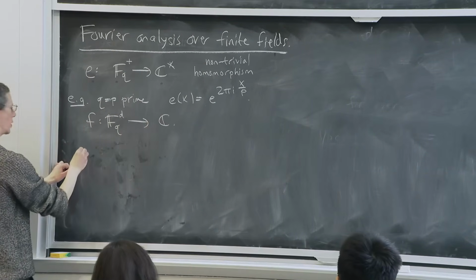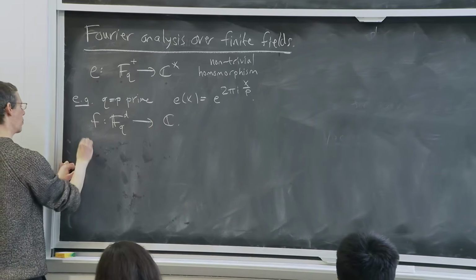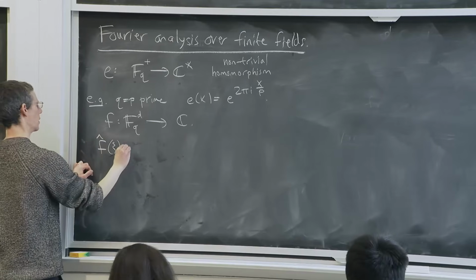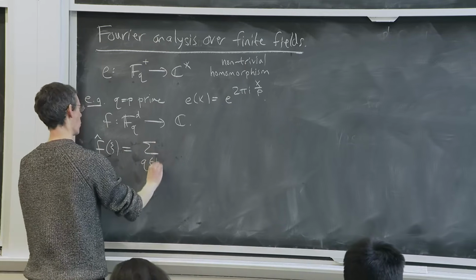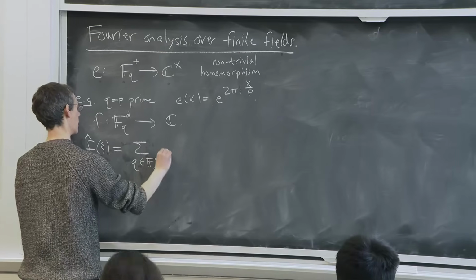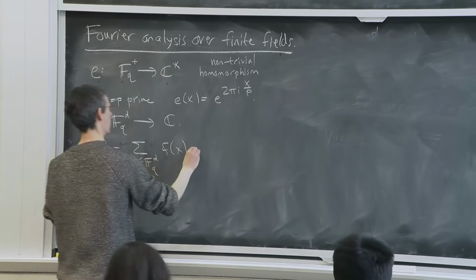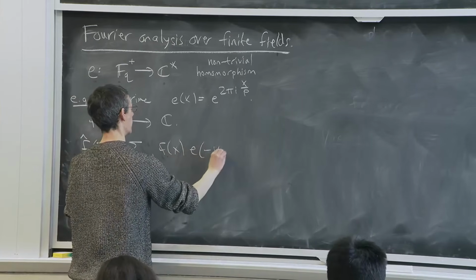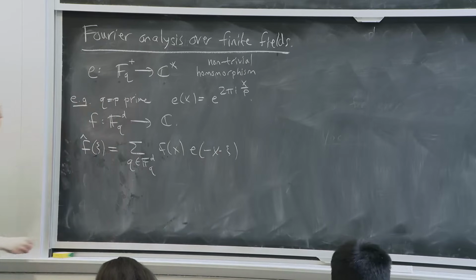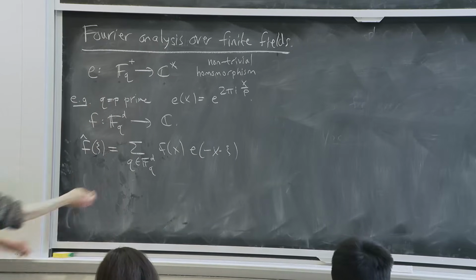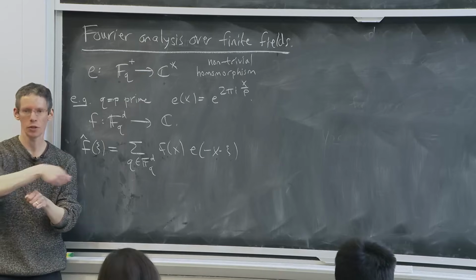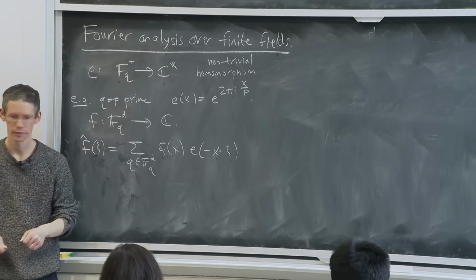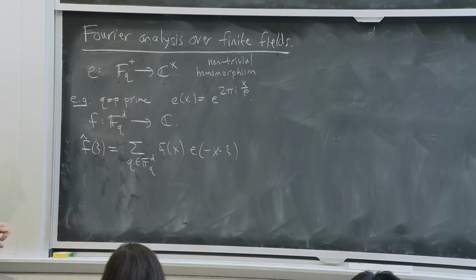It has a Fourier transform. So the Fourier transform of xi is defined to be the sum over x in FQ to the d, f of x, e of negative x dot xi. So there's x dot xi. This is a dot product. It's just x1 xi1 plus x2 xi2. So that's the Fourier transform.